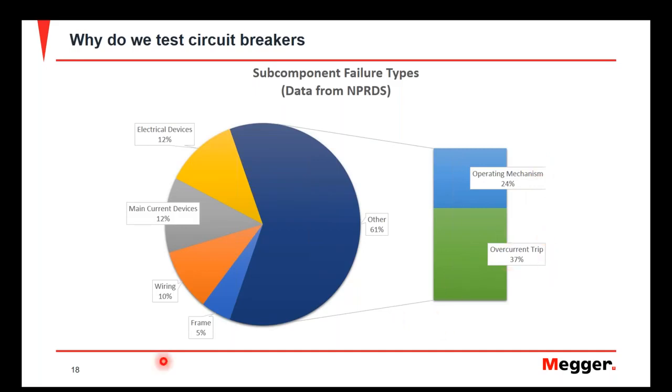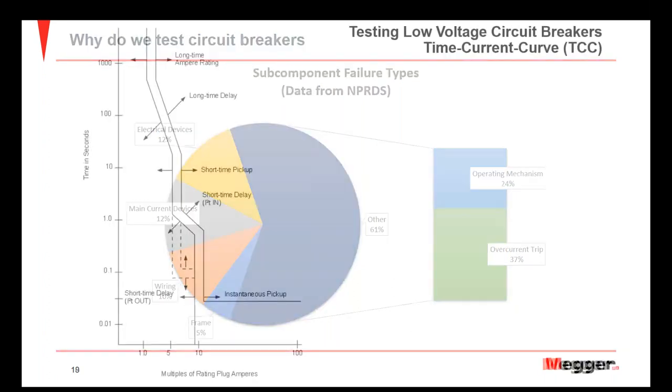We spoke earlier about alternatives to primary injection being a secondary injection test. Well, whenever we do that type of test, we're not testing those elements. The only way to really get a test that's going to evaluate these mechanisms and make sure that it's going to be reliable whenever you place it in service is a primary injection test.